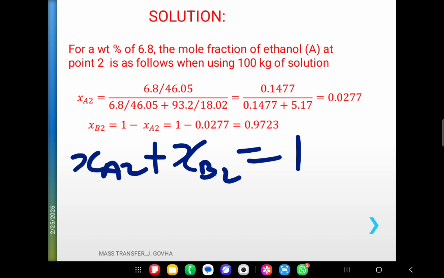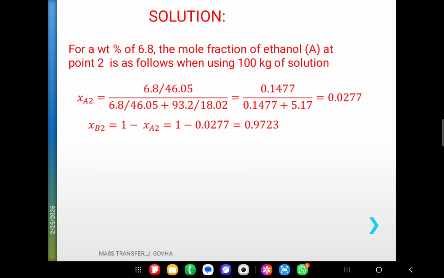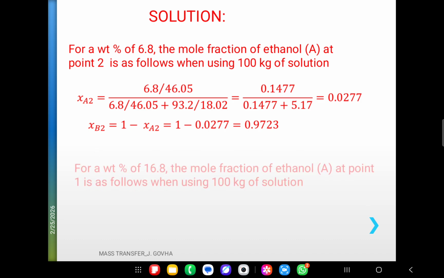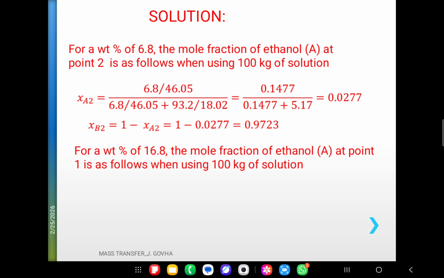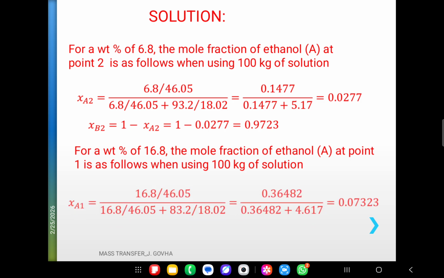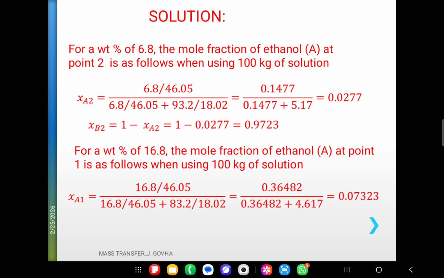Mole fractions add up to 1, so we can easily determine our XB2. Then applying the same concept for point 1, where the weight percent is 16.8, we get our XA1 is 0.07323, and our XB1 is equal to 0.9268.